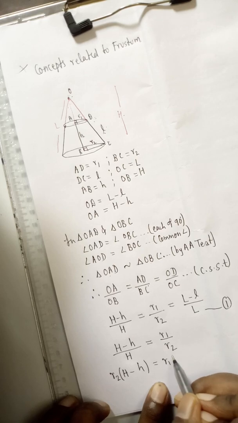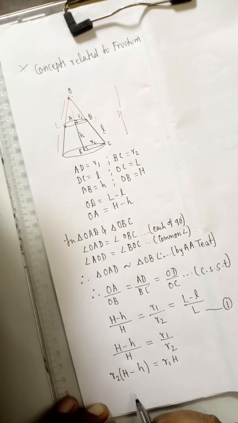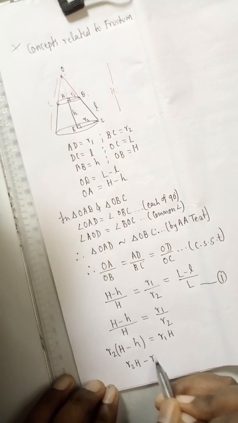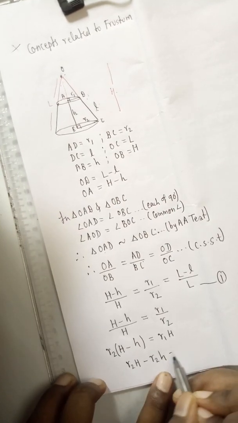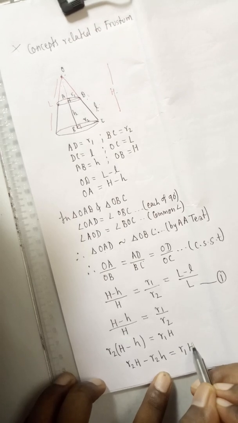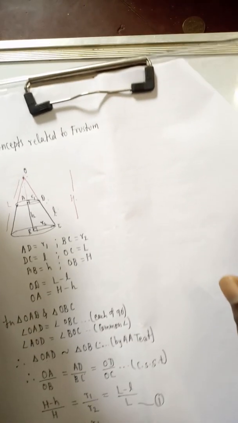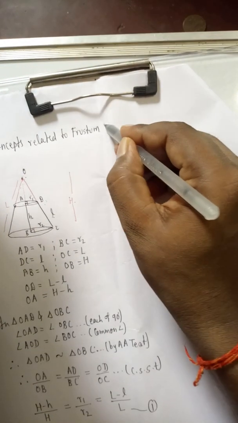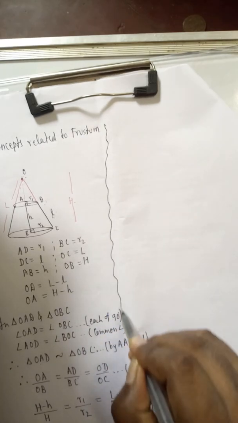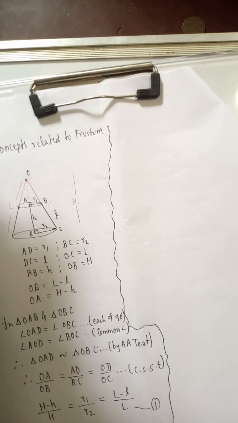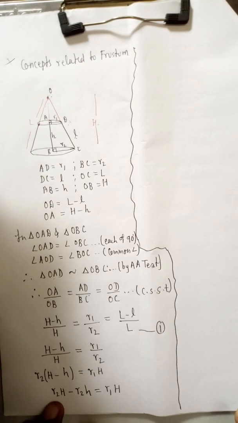This can be written as R1H. So when you see this, friends, R2H minus R2 small h equals R1 capital H. We need to make capital H the subject. I'll explain, don't worry. So this step can be further written as, I was talking about this step, right?